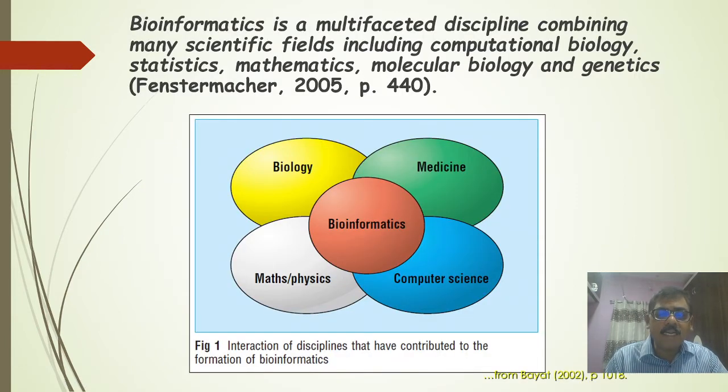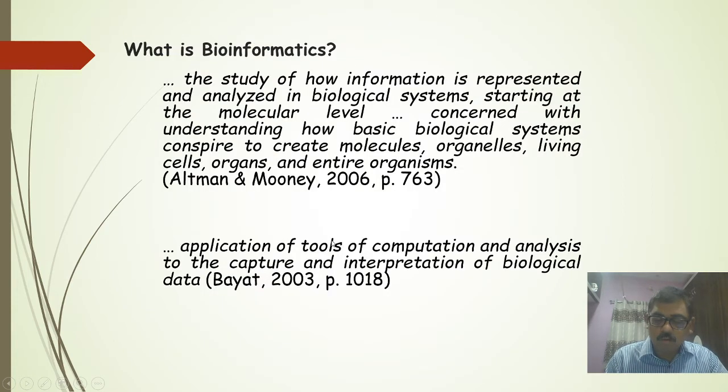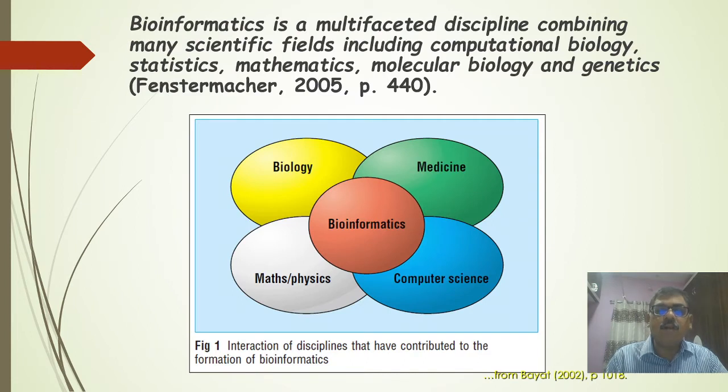Thus, bioinformatics is an interdisciplinary field, a multifaceted discipline combining many scientific fields, including computational biology or computer science, statistics, mathematics, biology, medicine, molecular biology, genetics, etc. So bioinformatics is a multifaceted discipline combining many scientific fields like biology, medicine, computational technology, maths, physics, statistics, genetics, all that.